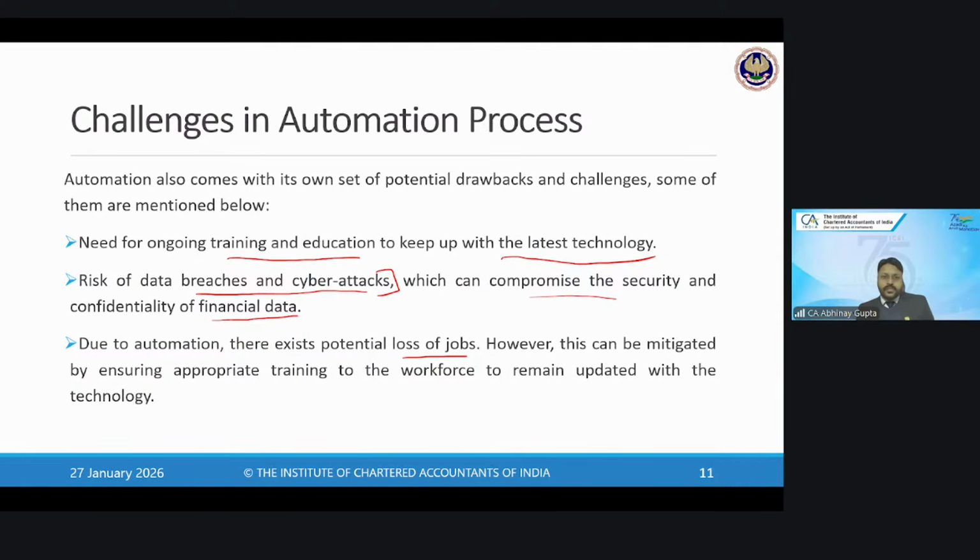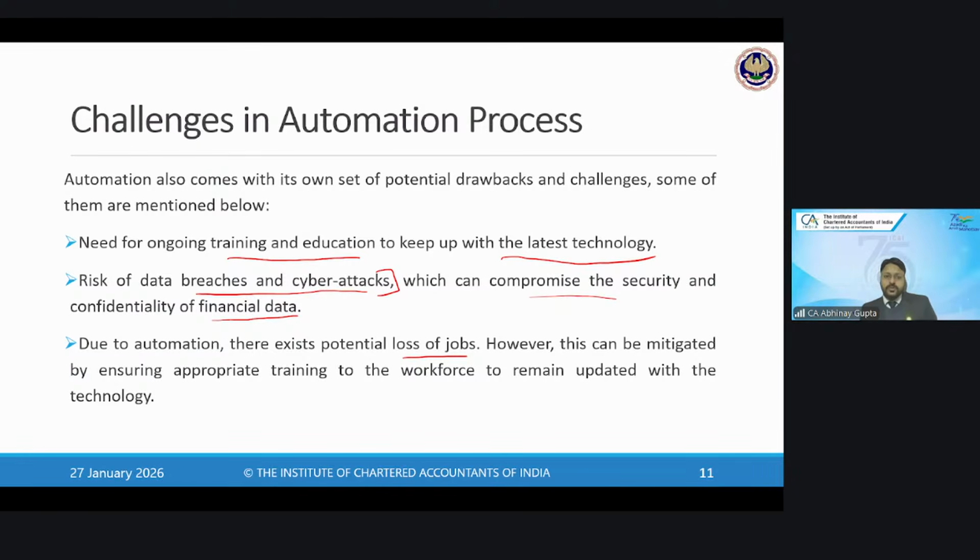But now with automation, all the repetitive entries are being taken care of by the system itself, so the company will not be needing these 10 people. It might be okay to retain two and ask the eight to go, right? So jobs certainly will be at potential risk, right?